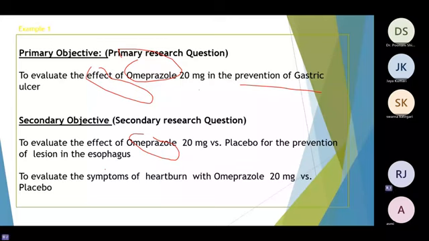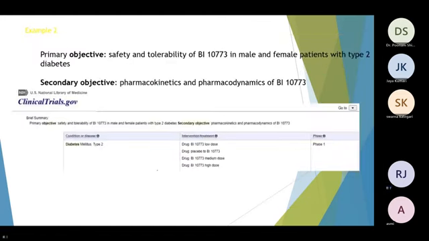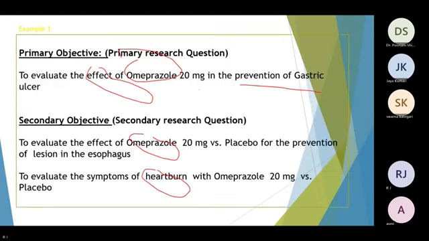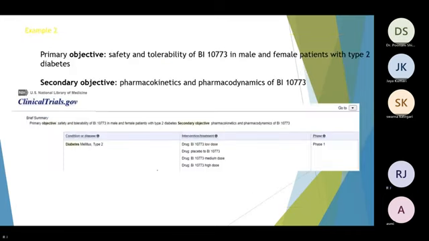Whether my drug can show some effect in reducing the symptom of heartburn or not. Okay, so this might be my secondary objective, my secondary research questions. Okay, now let's see with the help of one more example.